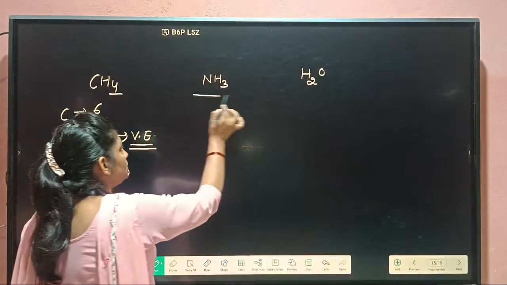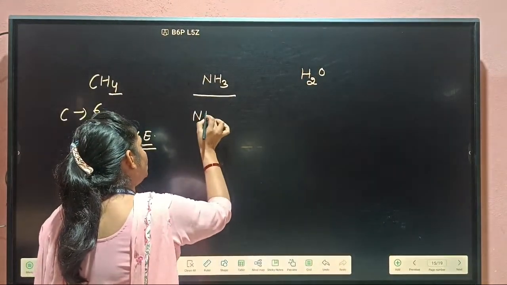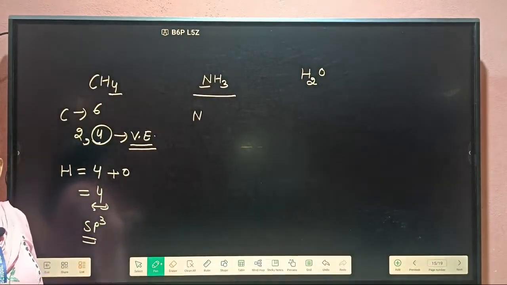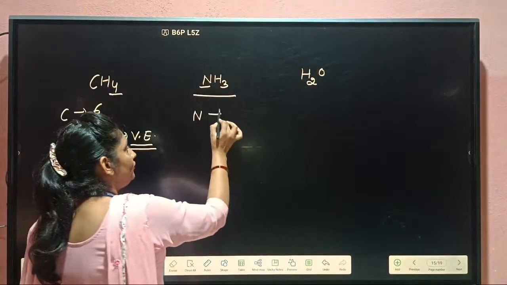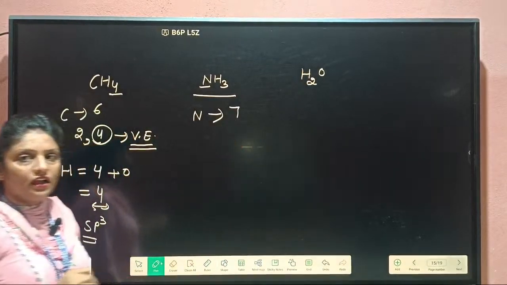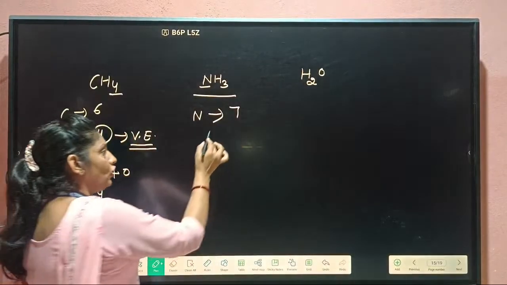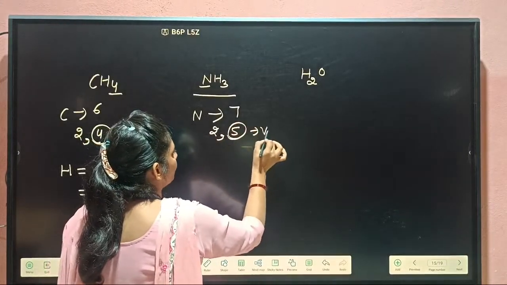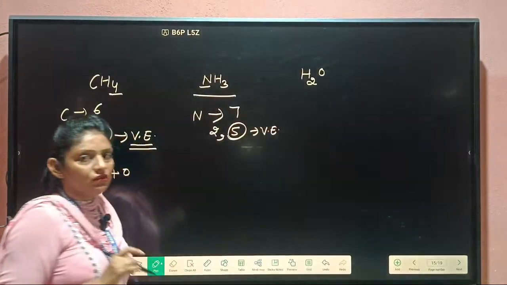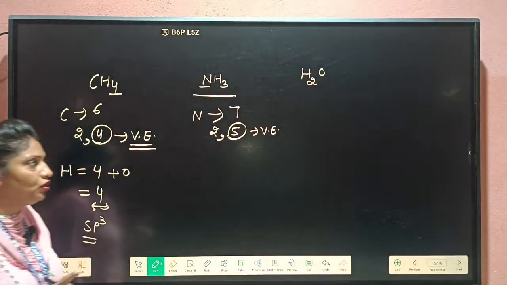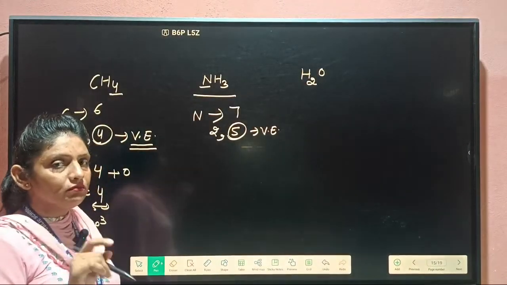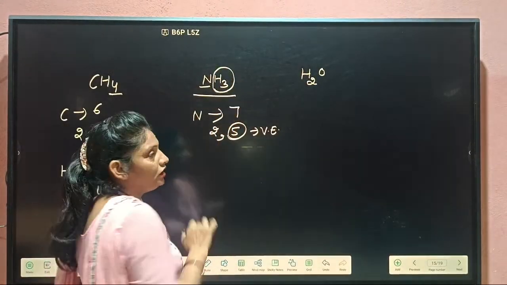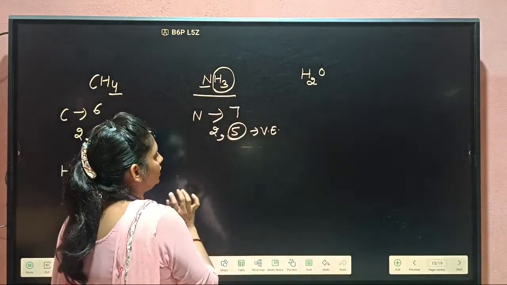Now student, you can see in ammonia, the central element is nitrogen. Its atomic number is 7. Then configuration 2, 5 means valence electrons 5, which means it can form a maximum of 5 bonds. But it is forming only 3 bonds, because the bonded atoms are 3 only.